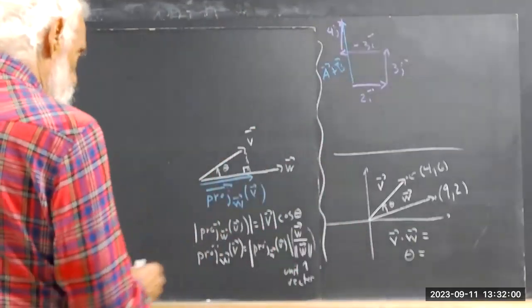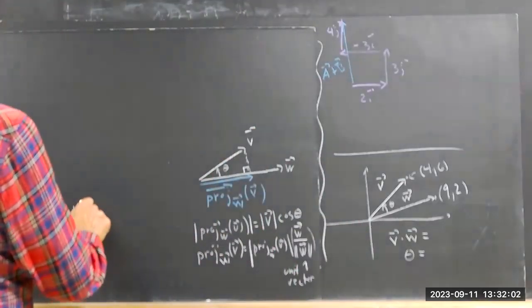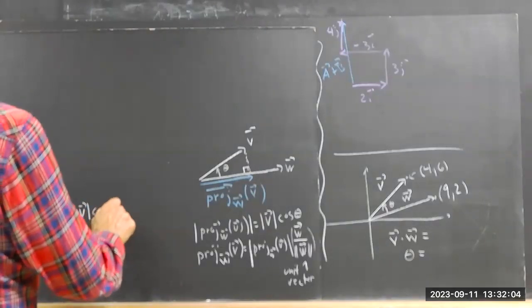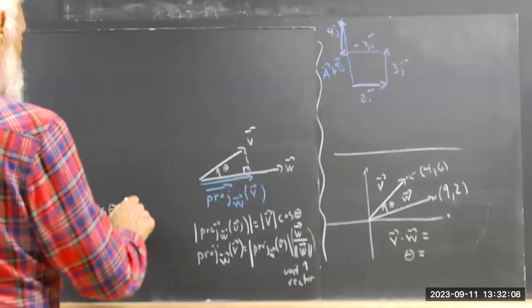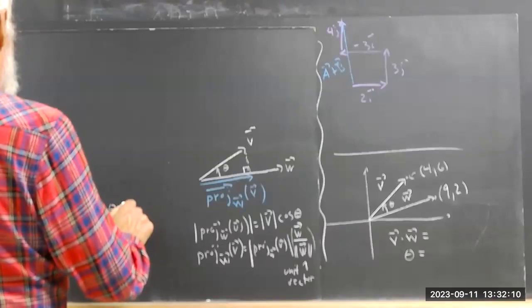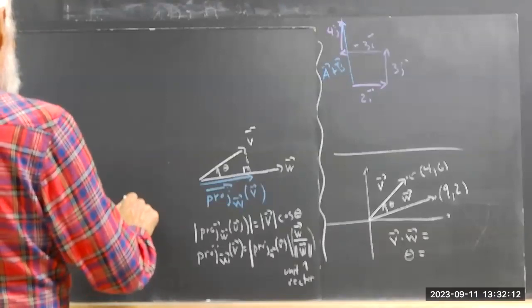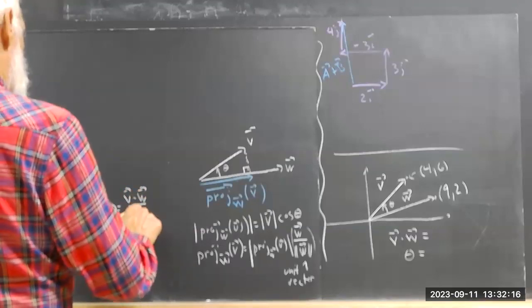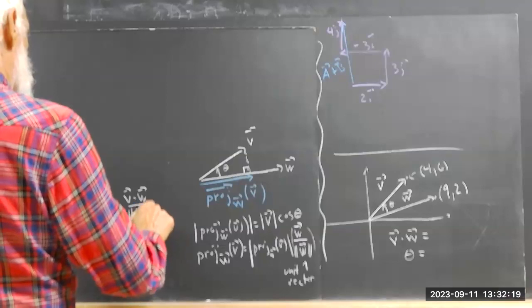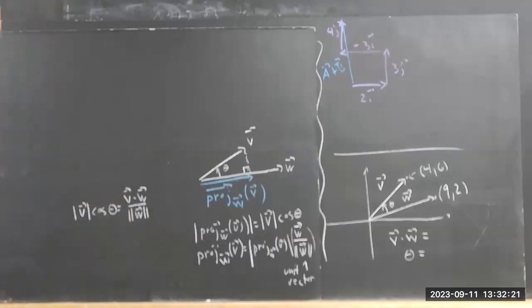Okay, so what we have is magnitude of V cosine theta equals what? It equals V dot W over the magnitude of W. Why?